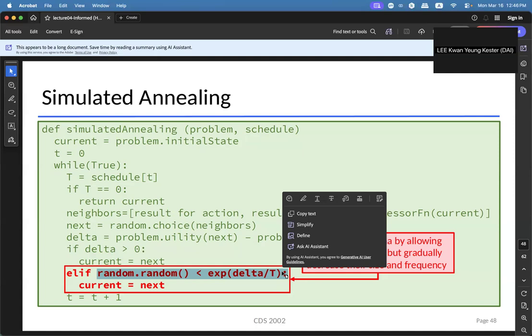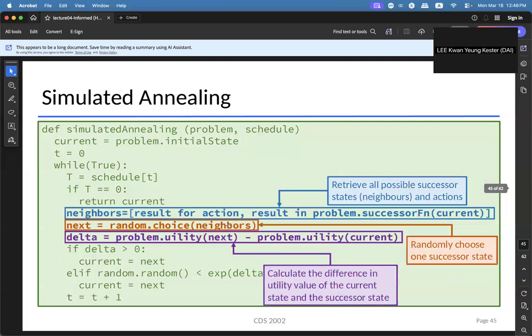A negative value divided by temperature: if the temperature is bigger, this negative value is smaller, and then the threshold is bigger.